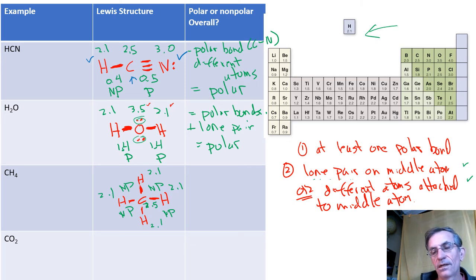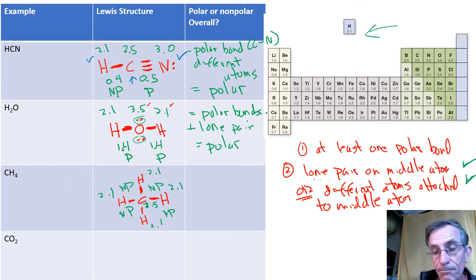All right. So if you have non-polar bonds, what does that tell me about being polar overall? To be polar, you have to have polar bonds. This thing doesn't even have polar bonds. So I'm not going to waste my time even worrying about the second requirement.